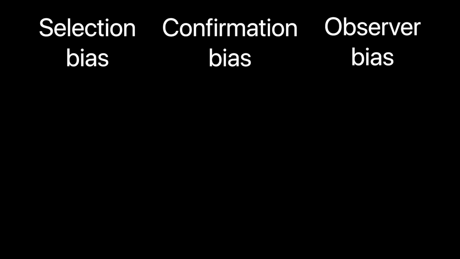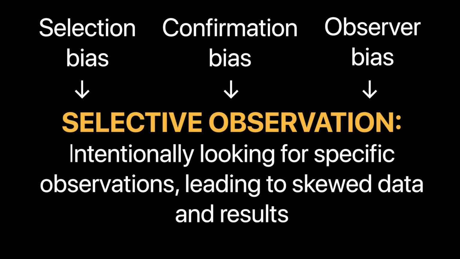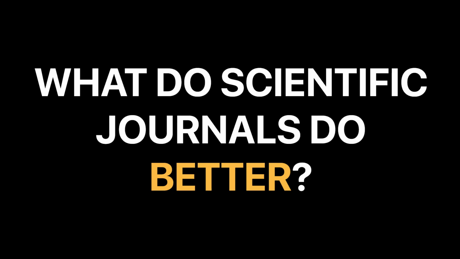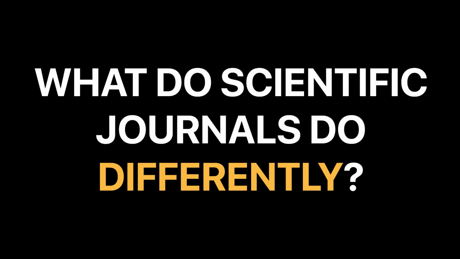And all three of these forms of bias go into the broad umbrella category of selective observation, meaning that you're trying to look for things intentionally, and that's kind of skewing your results or data or research into a particular direction. Now, what do scientific journal articles that get published do better, or what do they do differently that allows them to overcome these kinds of biases?